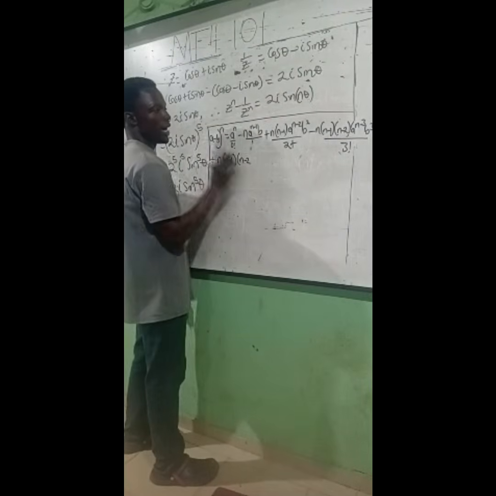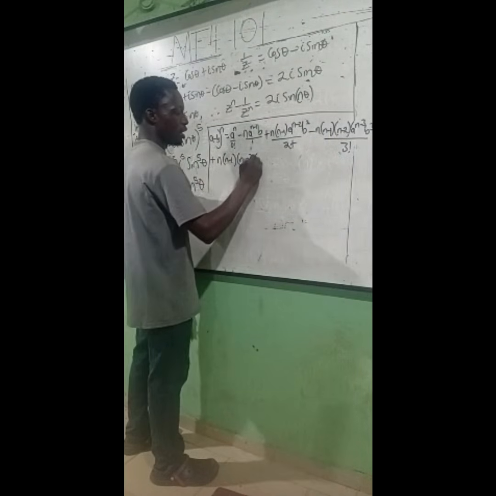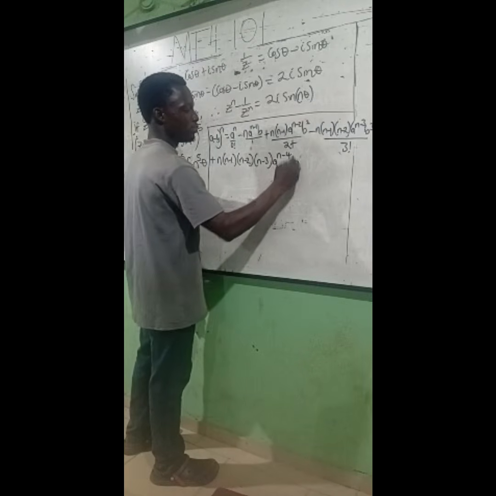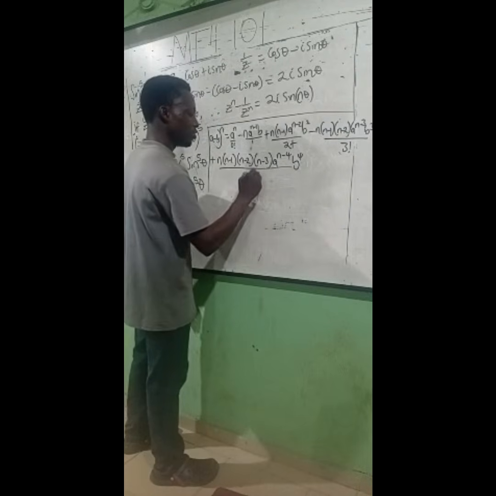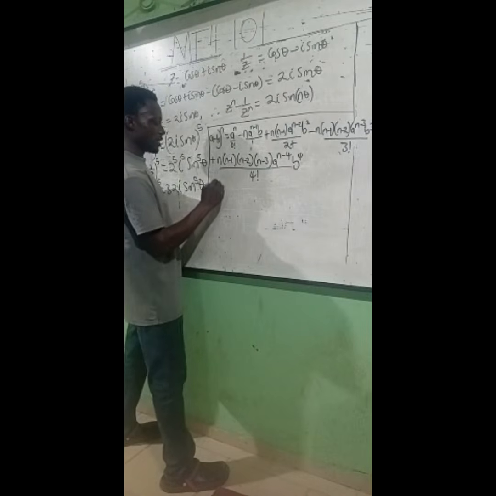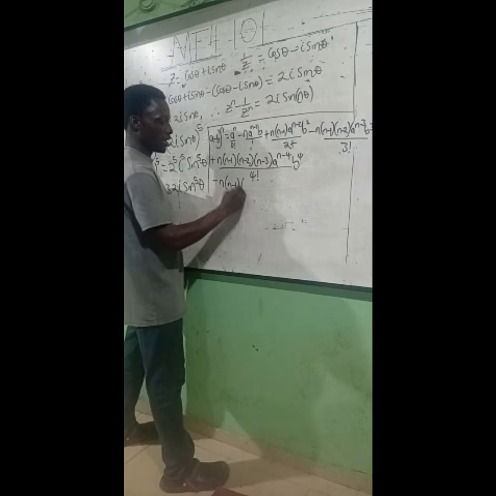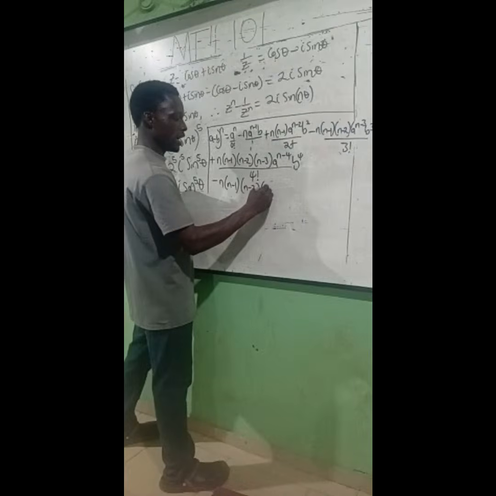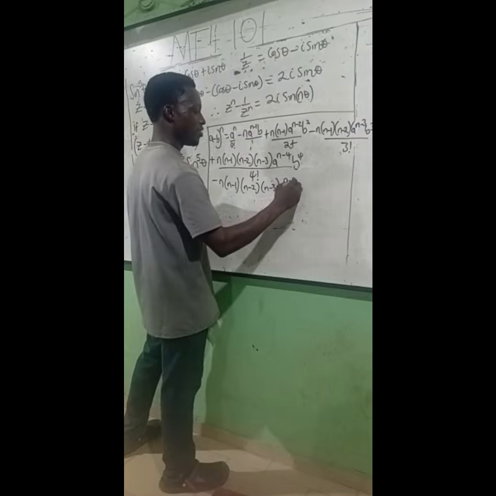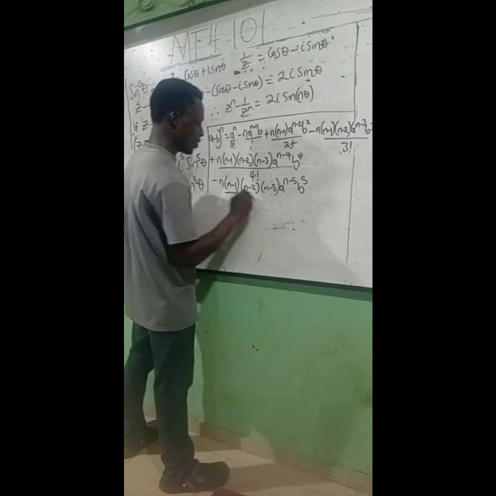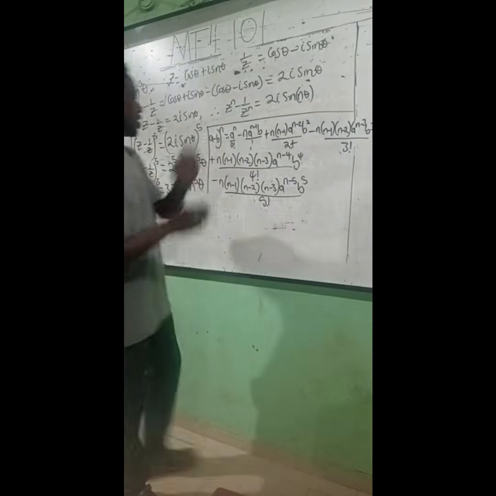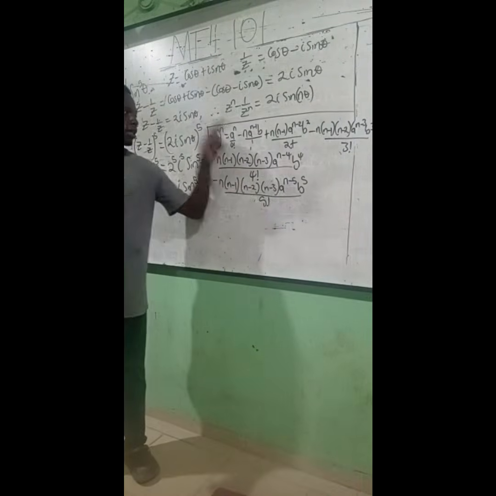Plus n into n minus 1, n minus 2, n minus 3, a raised power n minus 4, b raised power 4 over 4 factorial, minus n into n minus 1, n minus 2, n minus 3, n minus 4, a raised power n minus 5, b raised power 5 divided by 5 factorial.